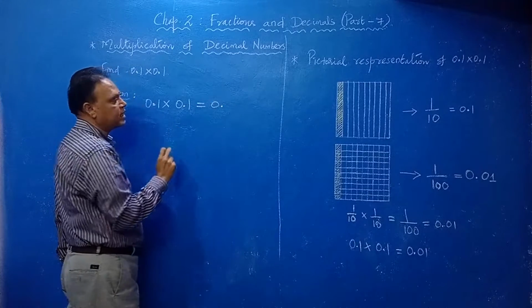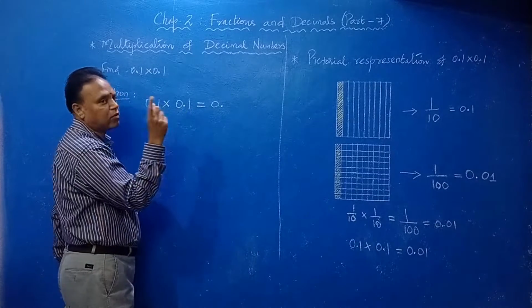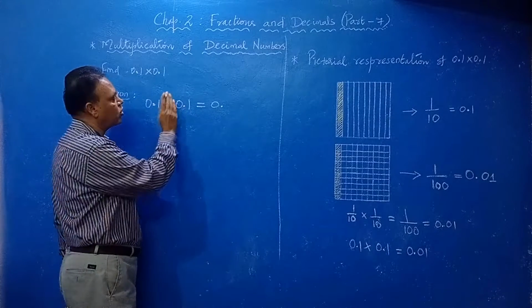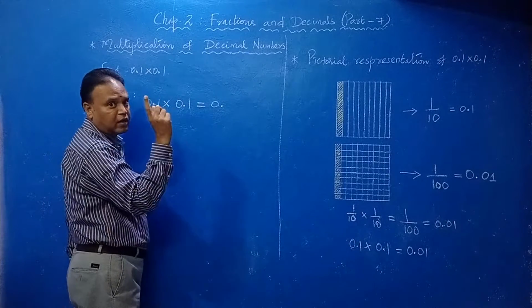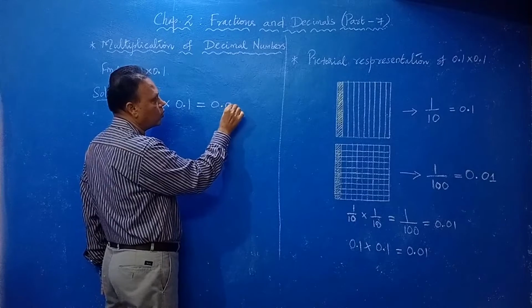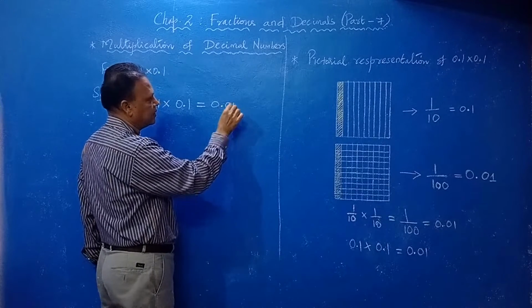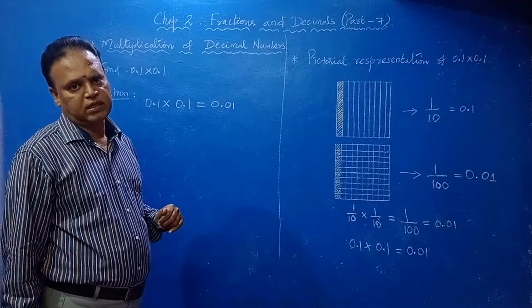We need two digits after the decimal. Ignore the decimal and just multiply the numbers: 1 into 1 is 1, but only one digit is coming. We need one more digit, so you put 0, then write 1. Clear? So like this you have to multiply the decimals.